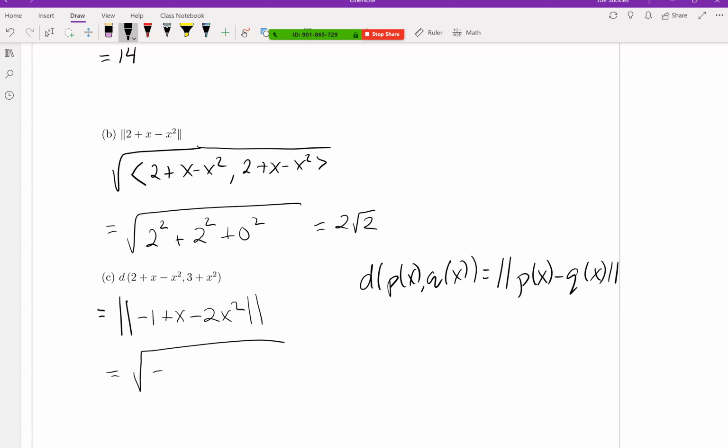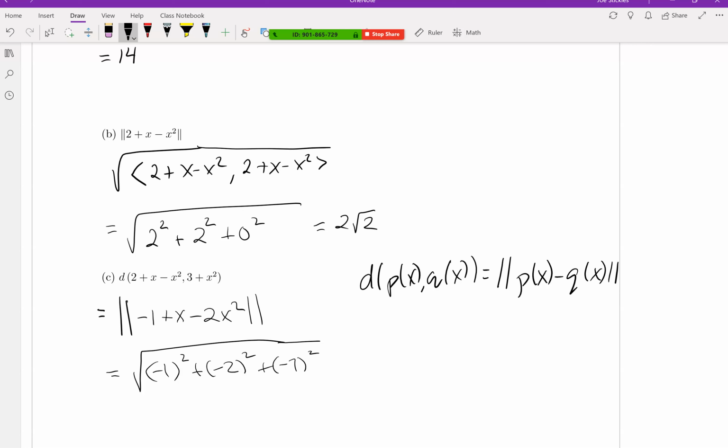When we plug in 0, we get negative 1, so we'll have negative 1 squared. When we put in 1, we get negative 2, so we'll have negative 2 squared. And when we put in 2, we get 1 minus 8, so we'll get negative 7 squared, if I did my arithmetic correctly on that one. Again, this is what you get inside each of these parentheses.